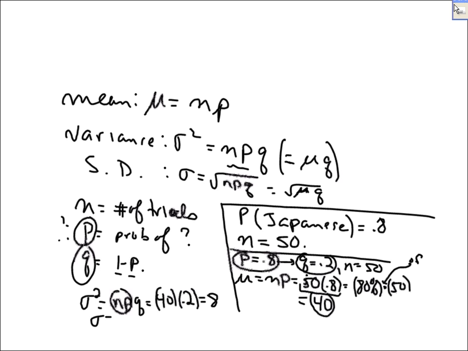And sigma would be the square root of 8, which is 2 square roots of 2. Okay, and you can round that off using a calculator. If you know the variance, which we do, is 8, just take the square root of it, and you'll have the standard deviation.